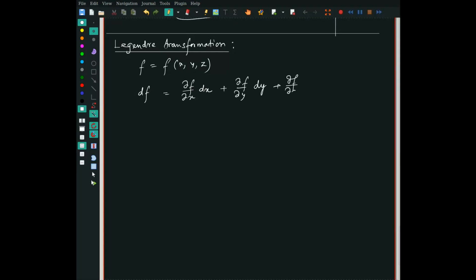del f del y dy plus del f del z dz, and there can be more variables, and you will keep adding things on here. Now let me abbreviate the notation a bit.